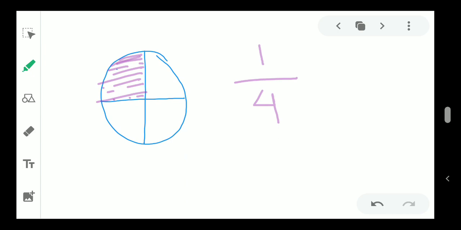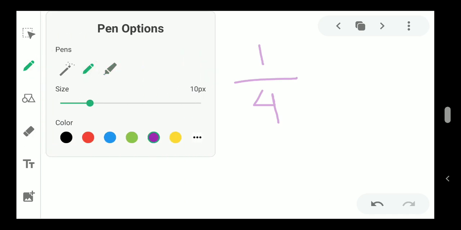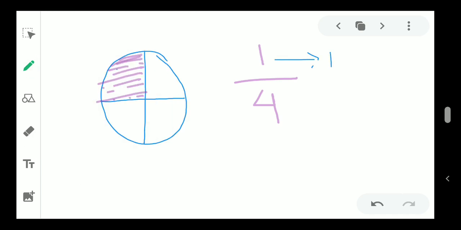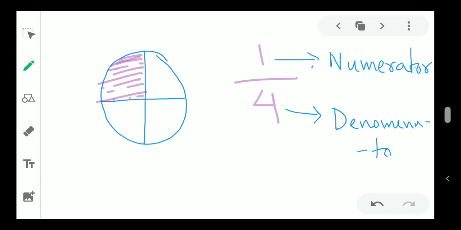So this term, which is upside, is called numerator, and this side, which is down, this is called denominator. I'm writing this nicely so that later on you don't be confused.